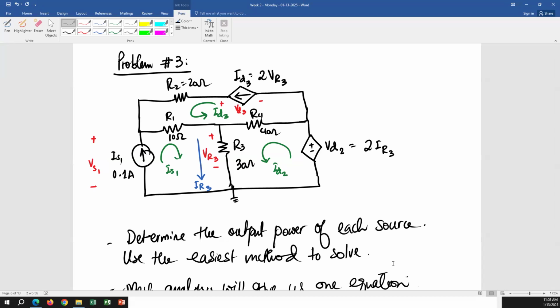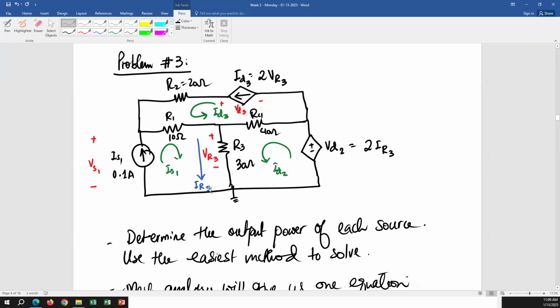VS1 and VD3. Okay. R3 and R1, yes, you can do that. So basically you're applying KVL in that loop. So to find VS1, we can simply apply KVL in this loop, or we just start from here and add all the voltages through this path and get to this point. That's going to be VS1.